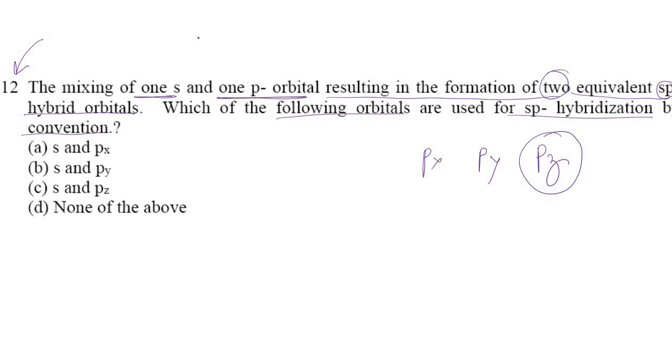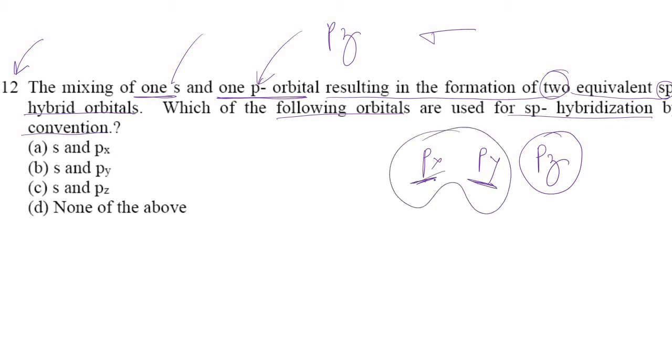So 1s and 1p, that p is a pz orbital, which is involved during hybridization, particularly during a sigma bond. Is it clear? And if they are asking with respect to pi bond, if it is 1 pi bond, then it can be a px or it can be a py. If there are 2 pi bonds, both are involved in the pi bonds, that is px as well as py. Is it clear, students?